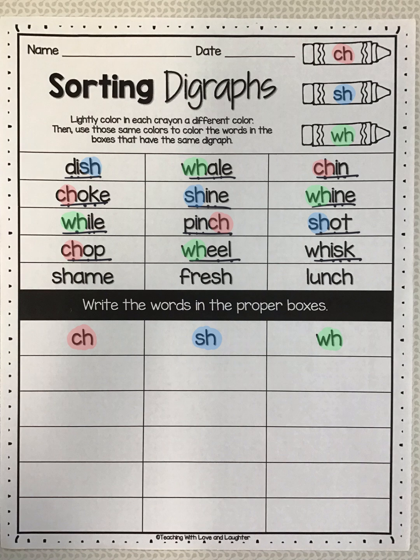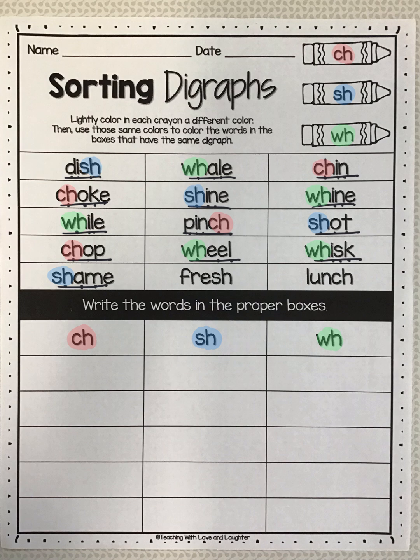I see the WH digraph in whisk. Next word is shame. Sh-a-m. Shame. What digraph do you see in shame? SH. So I'm going to color mine blue because I used blue for SH.